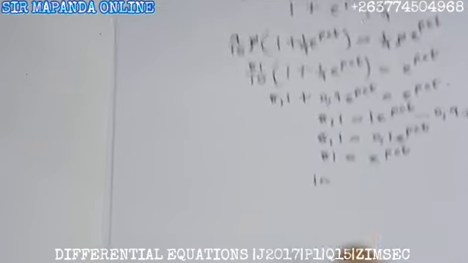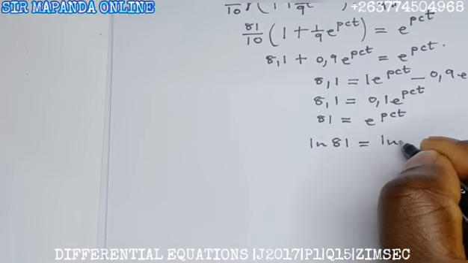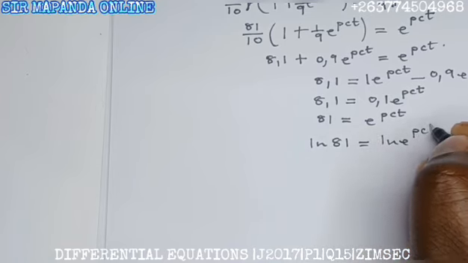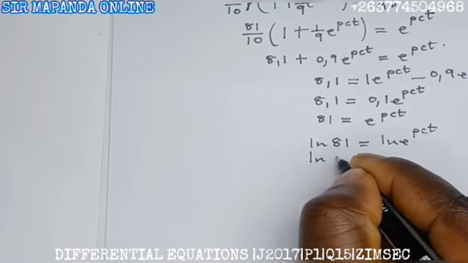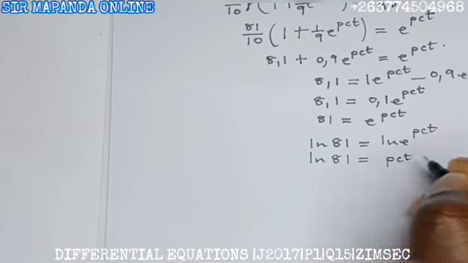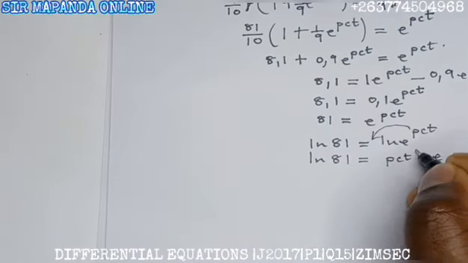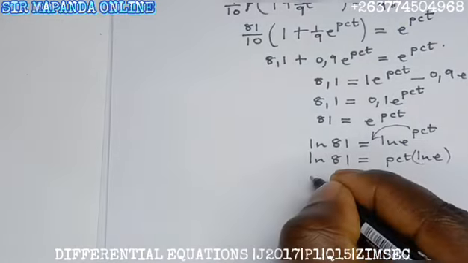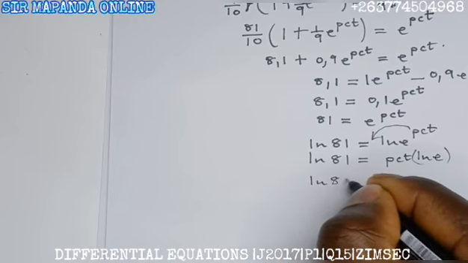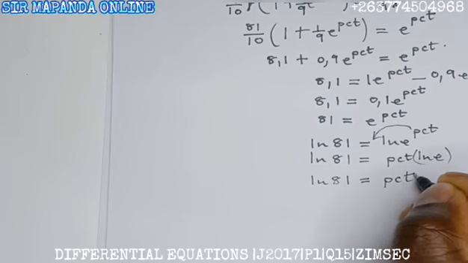Take ln on both sides. ln 81 is equal to ln e to the power of PCT. You get ln 81 is equal to PCT, the power is brought down here, ln e, but ln e is as good as 1. So you now have ln 81 is equal to PCT.